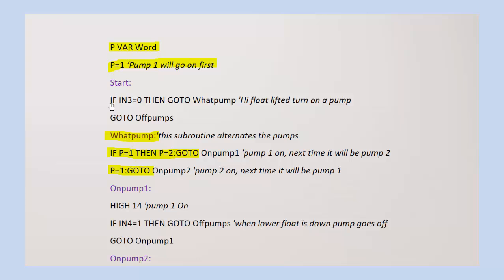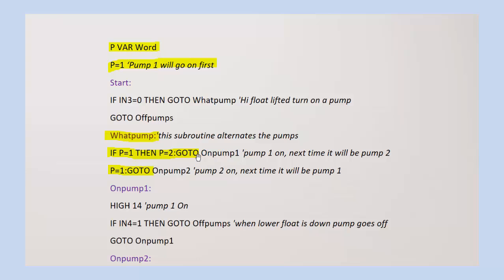So that if a pump is going to go on, instead of like the previous program we wrote, where we just turned the pump on, now we have to figure out which pump we're going to turn on. So we have a little subroutine here. And just like the if statement says, if P equals 1, then the first thing we're going to do is set P to equal 2 for the next time around.